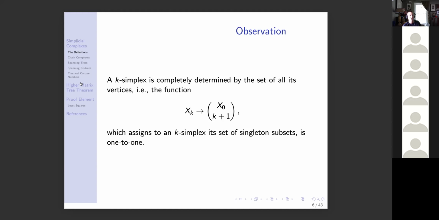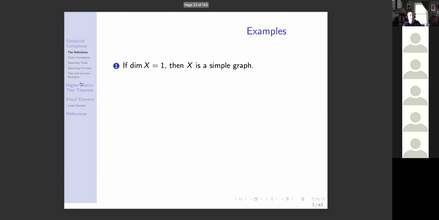So you get a function from the set of k-simplices to the set of subsets of the vertices of cardinality k plus 1, and in a simplicial complex that function is obviously one-to-one, if you think about it for 3 seconds. What I'm saying is that a k-simplex is determined by its vertices.